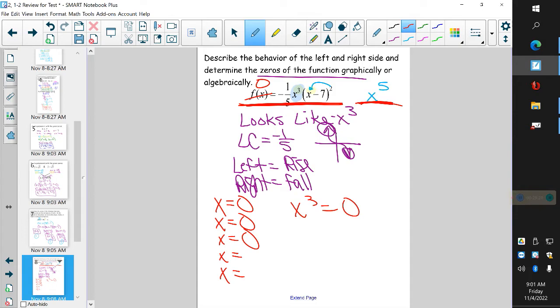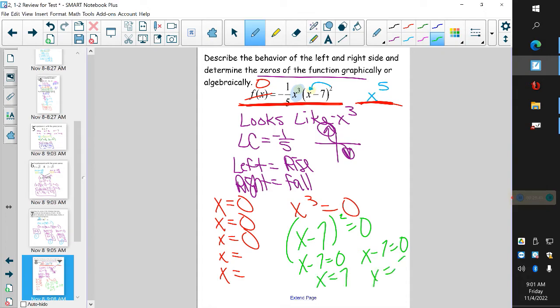Well, that means it's x times x times x, which means 3 x's are going to be 0. Does that make sense? And then the next thing that your brain needs to know is that x minus 7 squared is equal to 0. So that means x minus 7 is equal to 0 2 times. Yes? So x is equal to 7, x is equal to 7. That means that is a double root.